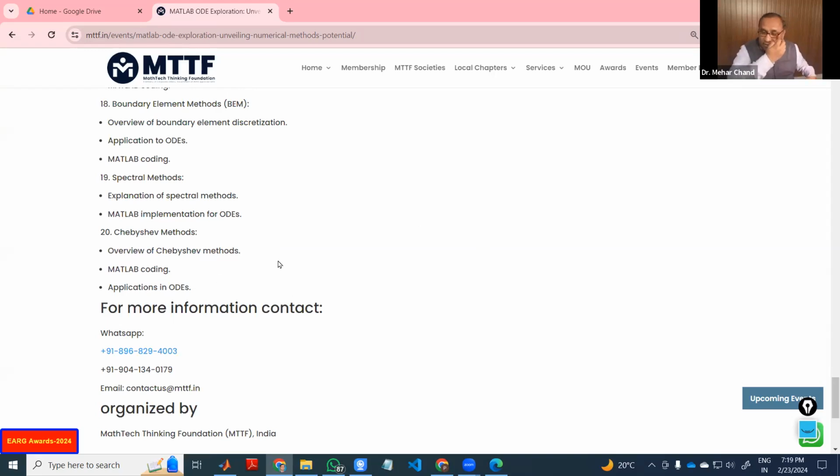All the second order, third order, and higher order methods will be included, and systems of differential equations will also be discussed during these sessions which we organize. Everything based on ODE we try to include, and if you have a method which does not exist in this list, you can send it to us and we will include it, because this is not limited.